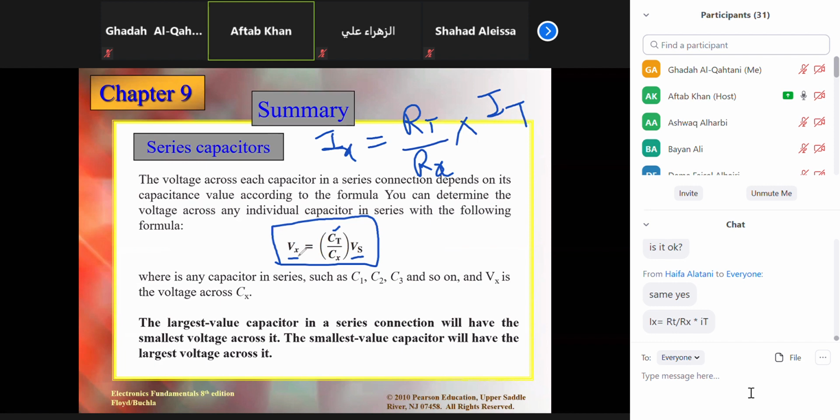We replace R by C and we replace I by V. As I told you, what you learned for resistance is opposite here. This way you can easily memorize it, and it is better if you keep notes. Write a note for your reference: it is similar to the general current divider formula for resistive circuits, but this one is easy for you.